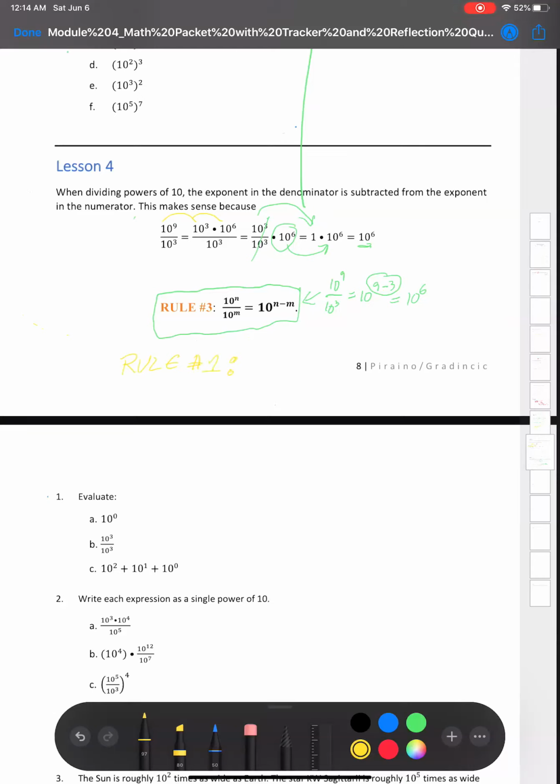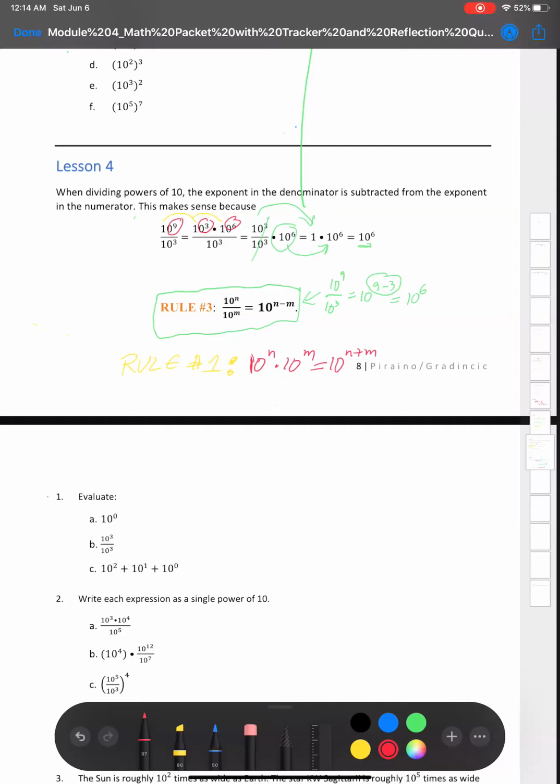Rule number 1 says when we have a power of 10 multiplied by another power of 10, we are going to add the exponents. And so 3 plus 6 adds up to 9.